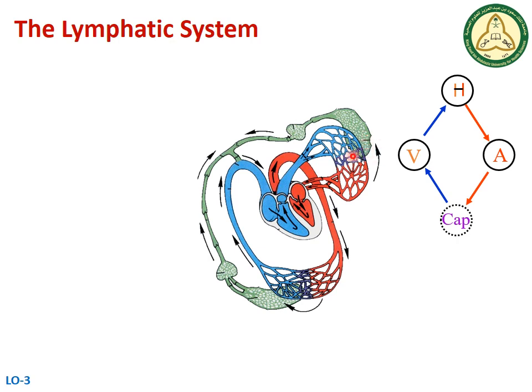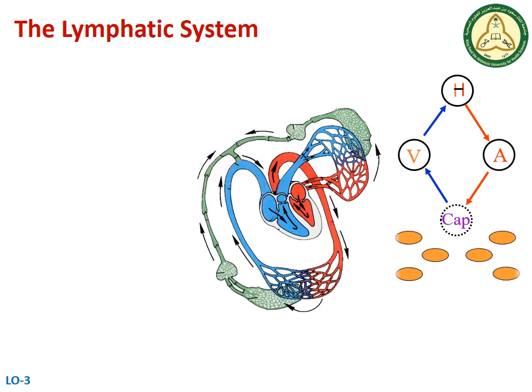Now we have these two capillary beds, in the pulmonary circulation and in the tissues, right? The 10% that is left over is drained by these lymph nodes, the lymphatic vessels, and ultimately both the right side and the left side, the pulmonary and the systemic, drain into the veins.